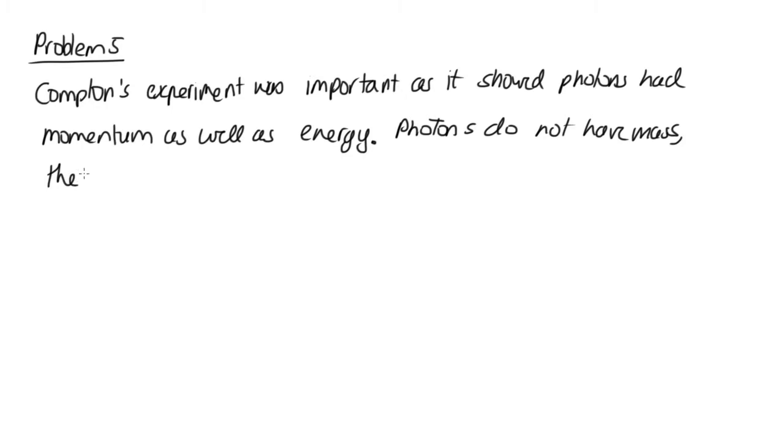Their momentum is given by P is equal to h over lambda. And so how did this change our understanding? Well, before this we thought that if something had momentum it had to have mass. Now we know that things don't have to have mass to have momentum.